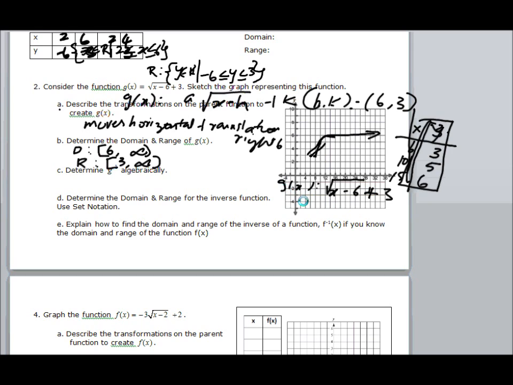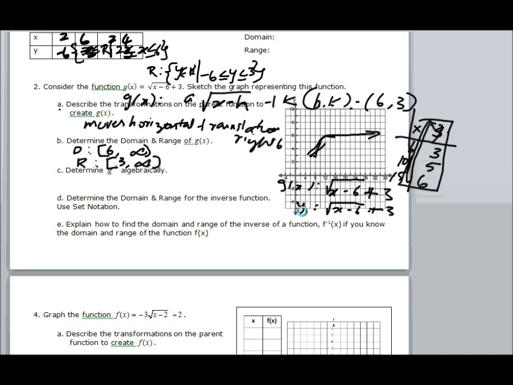Now the first step is to change g of x to y, replace it. So y is the square root of x minus 6 plus 3. And 3 is the outer number which is added to the square root, so we have to get rid of that.